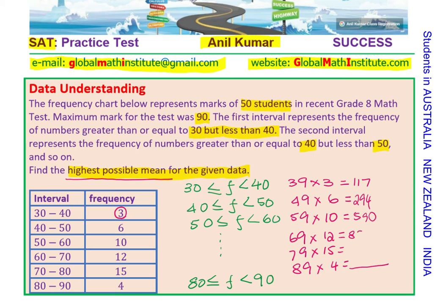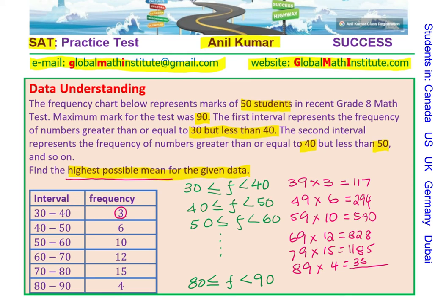So I'm just multiplying and writing down these values. You can also do the same. 79 into 15: you could do 80 times 15 and take away 15 if a calculator is not allowed. 89 times 4 gives 356.